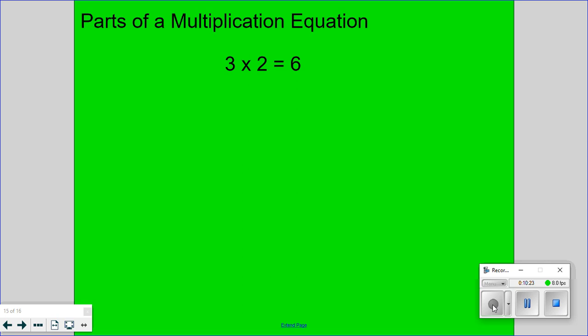Three groups of 2 is the same value as what? Okay. So far, so good. Which one of these is the whole for the total?